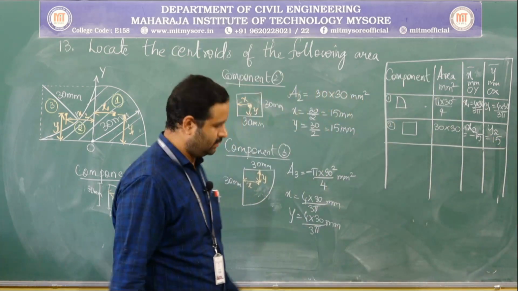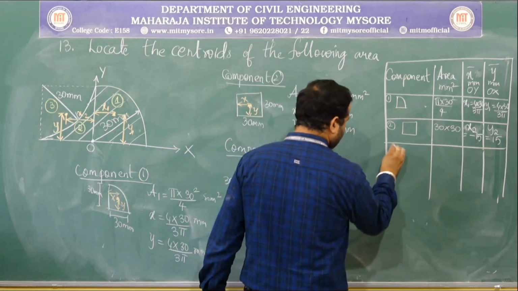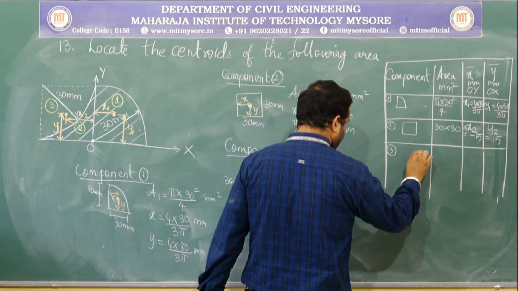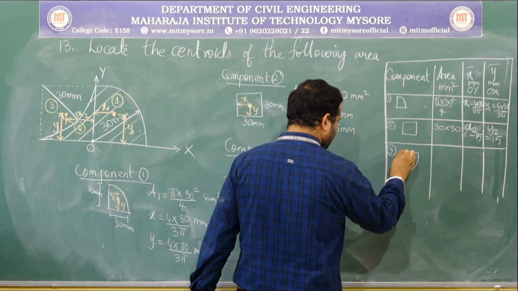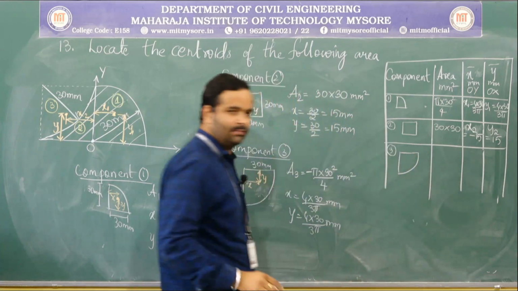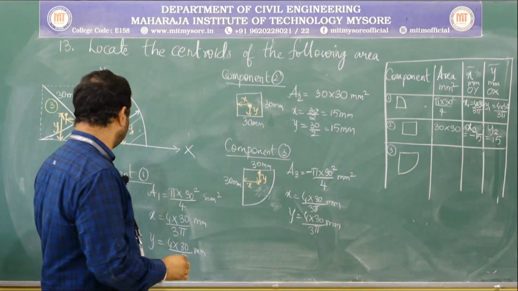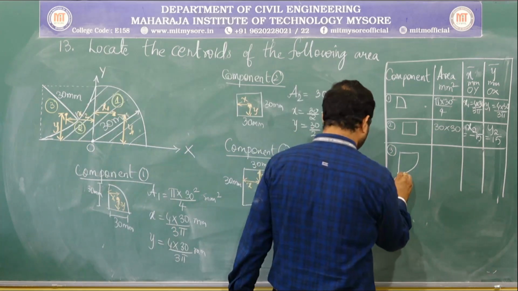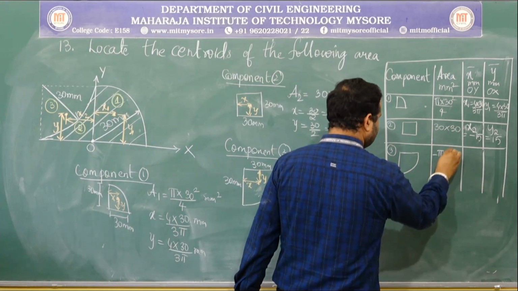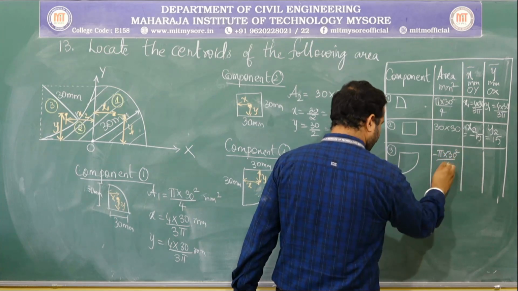Second component is over. Third component, again it is a quadrant of radius 30 mm and its area should be written with a minus sign, which is minus pi into 30 square by 4.